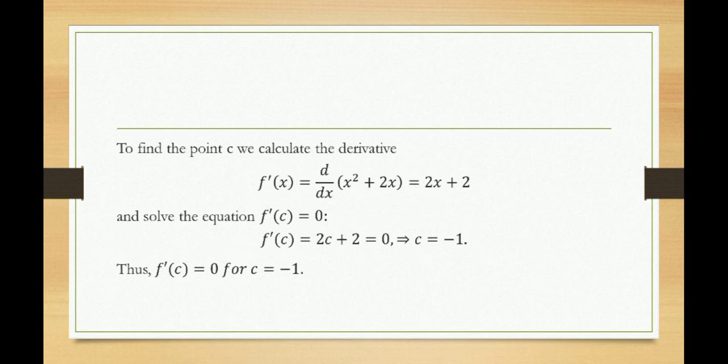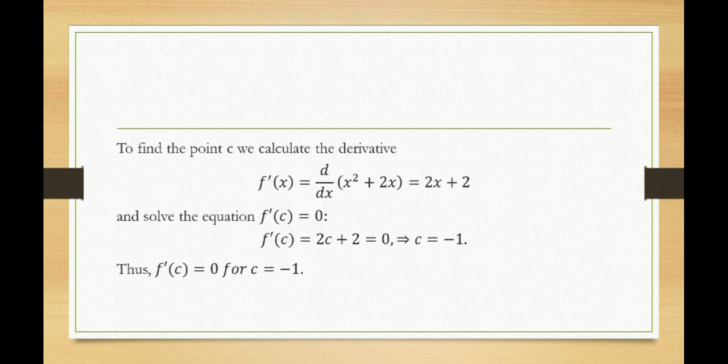Next, to find the point c, we calculate the derivative f'(x). The derivative of x² + 2x is 2x + 2. Solve the equation f'(c) = 0. So f'(c) = 2c + 2 = 0.